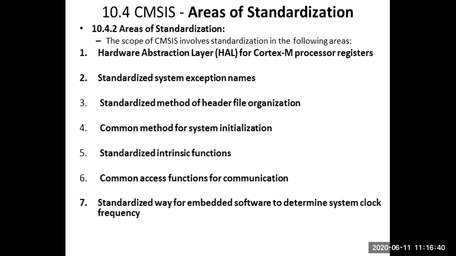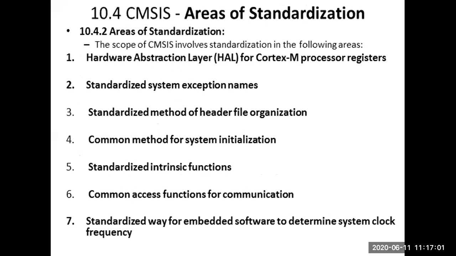Those functions may be a rotating function, a shifting function, a reversing function. We can use the instructions of the Cortex M3 inside our C program. Those are called intrinsic functions. There are standardized intrinsic functions for Cortex M3 and common access functions for communication.